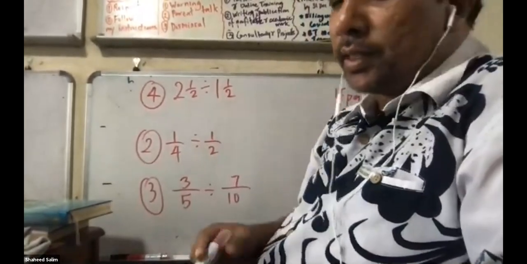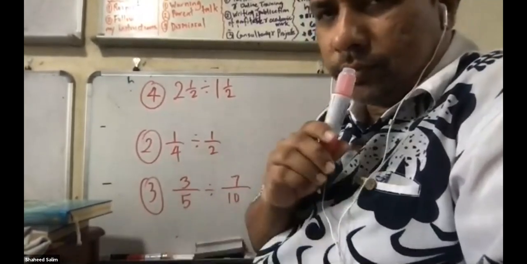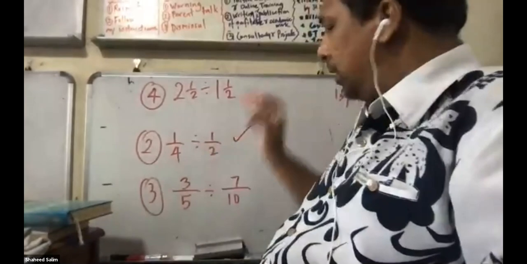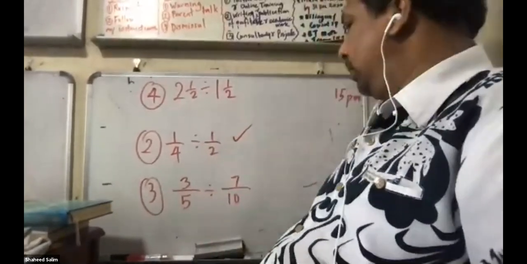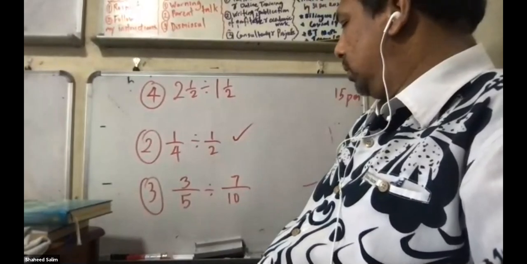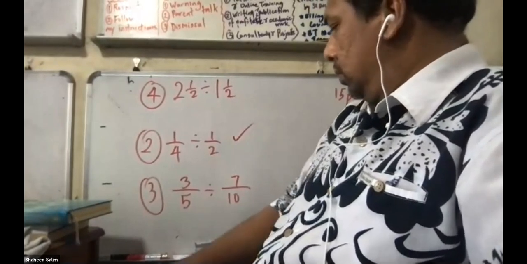Okay, what's the answer? Question number 2. 1.5. 1/2. 1/2 is half, not 1.5. Okay, correct. Answer for number 3, not yet. Okay, we continue. 6/7. Good. The last one now. You try.